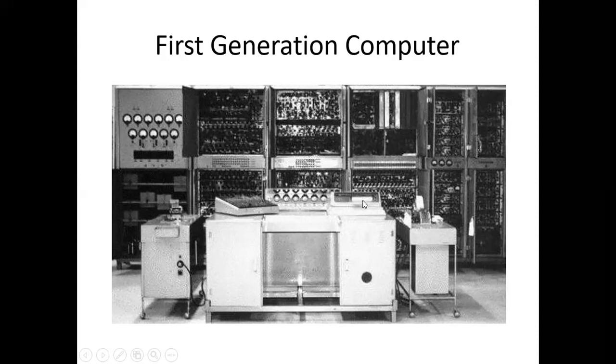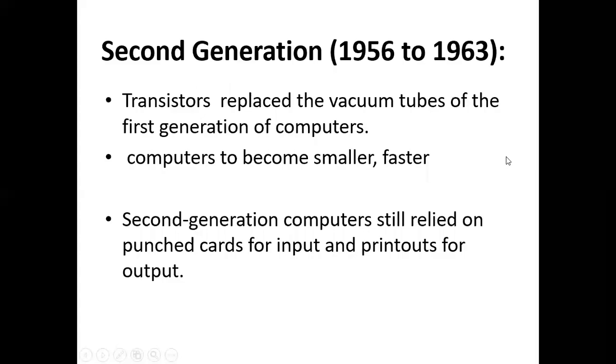Maybe it could be here, but I'm not saying this was the output. I'm just saying the input was done somewhere here, and the output was done somewhere here. So this entire machine is one computer. And if you look at its performance, maybe the calculators that we use today were even faster than this machine. That's the first generation computers.